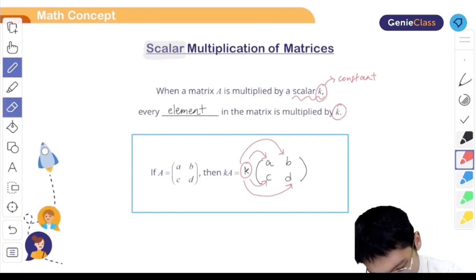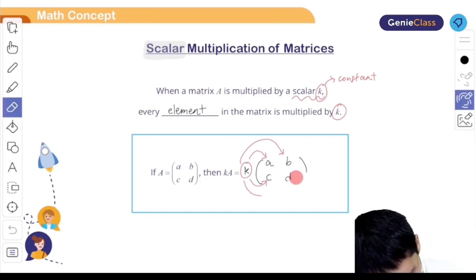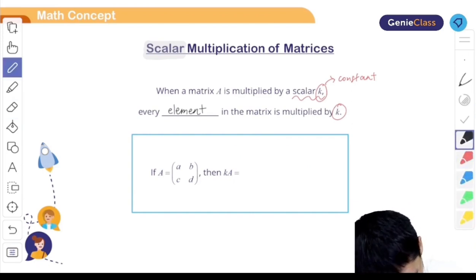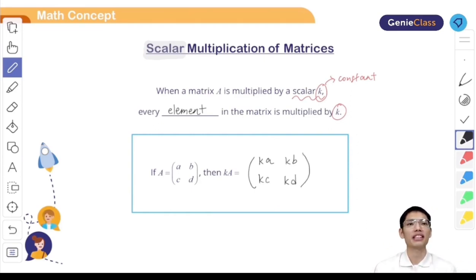Essentially, you are just going to get ka, kb, kc, and kd respectively. So this is the notion of scalar multiplication. Scalar means just a constant, brought to each of the elements.